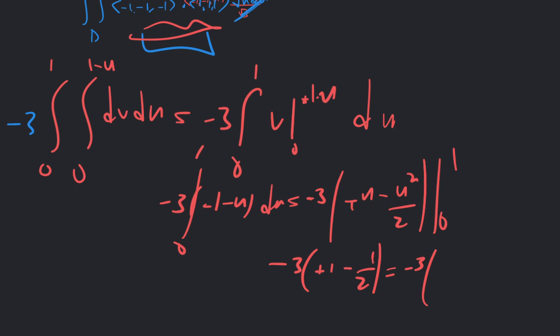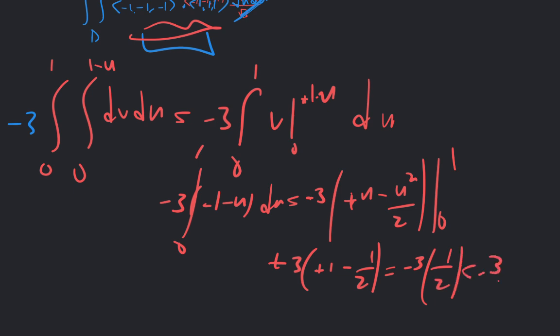This should be a positive, because a negative times a negative is a positive. So we can distribute that in there. And 1 minus 1/2 is 1/2, and that's -3/2.